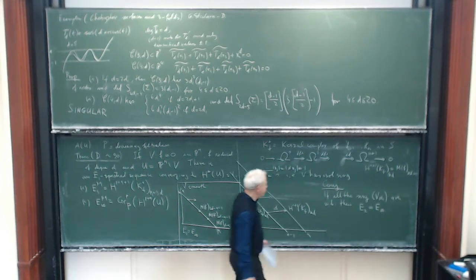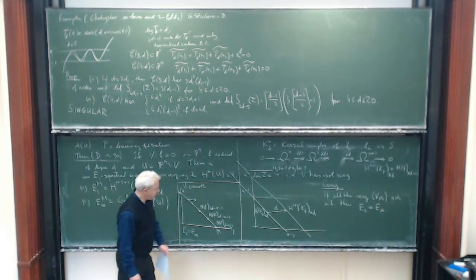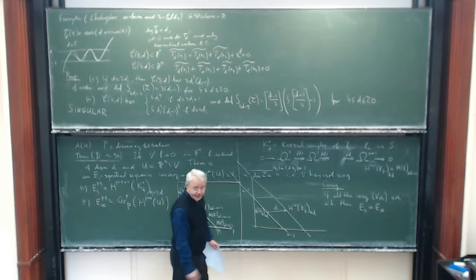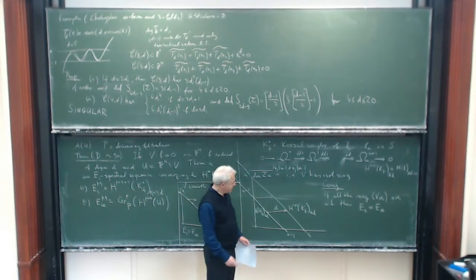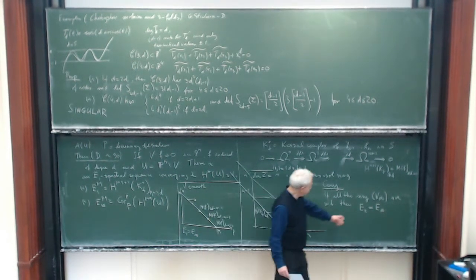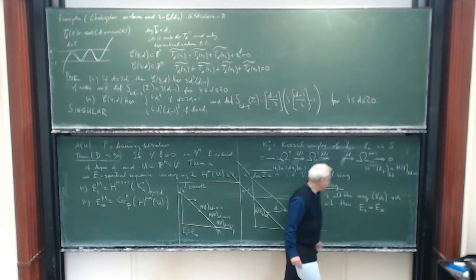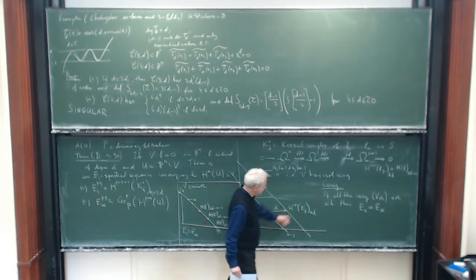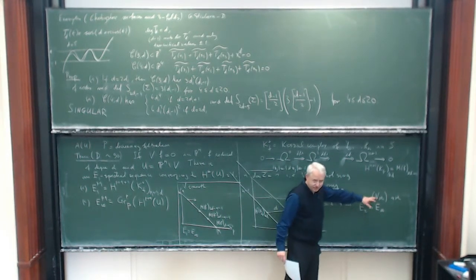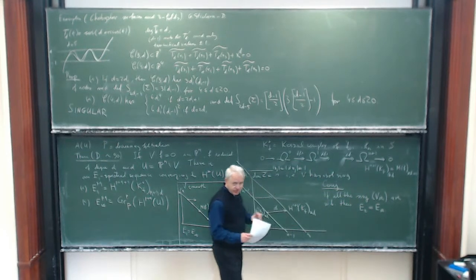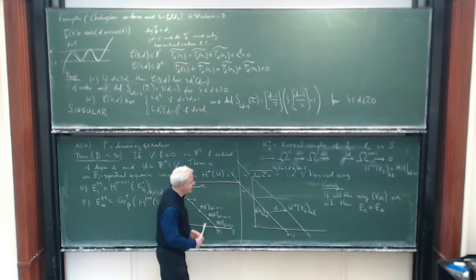That is, E2 equals E infinity. So we can prove the converse. If E2 equals E infinity, then we can show that all the singularities are weighted homogeneous. So the two properties are surely related.